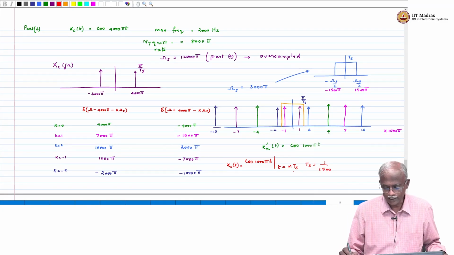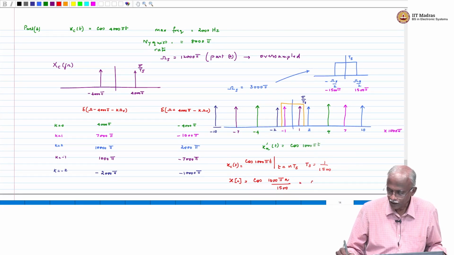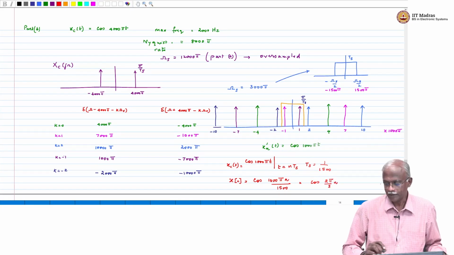That is my Ts. If I convert this to a discrete time signal, then what will I get? I will get cosine 1000 pi n, with Ts as 1 over 1500. If you see, you get cosine 2 pi by 3 n.